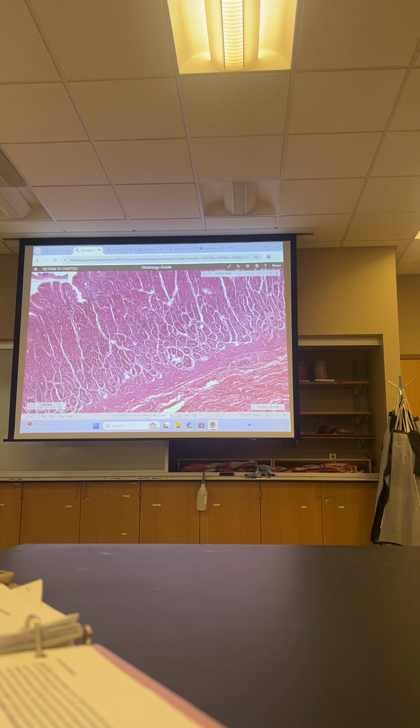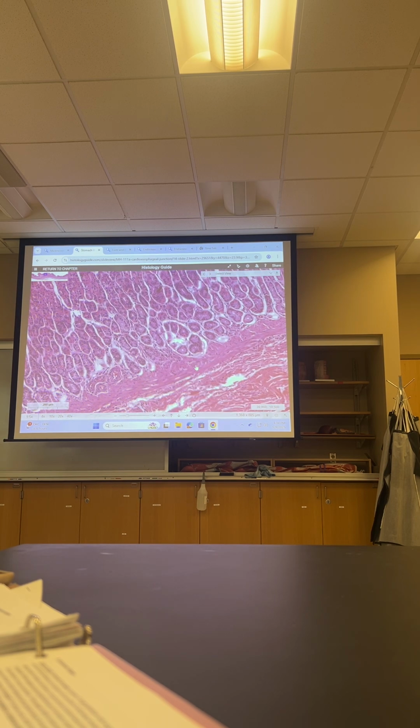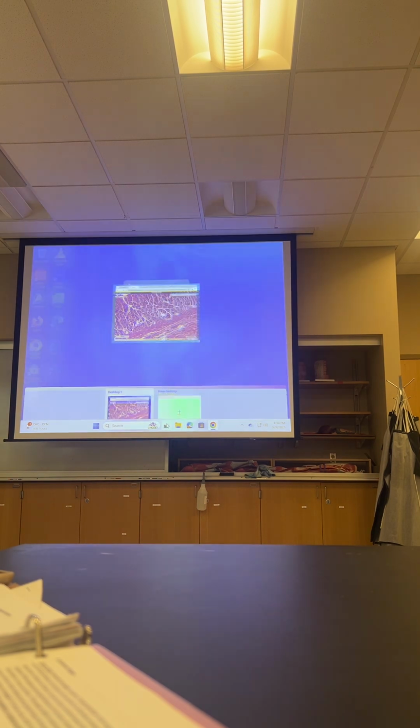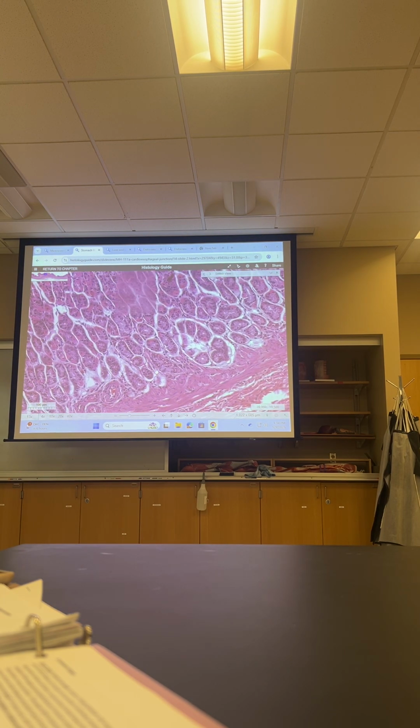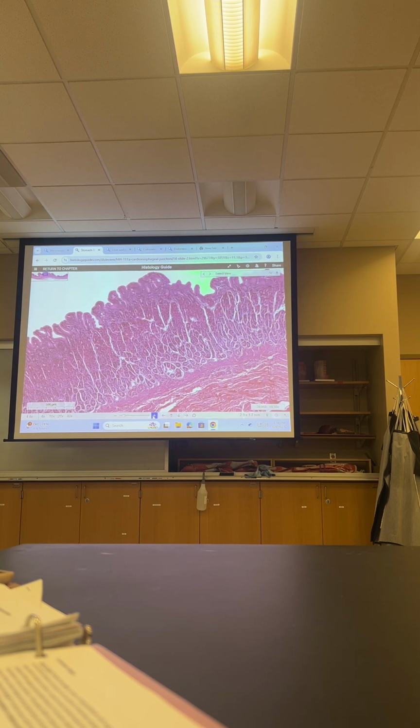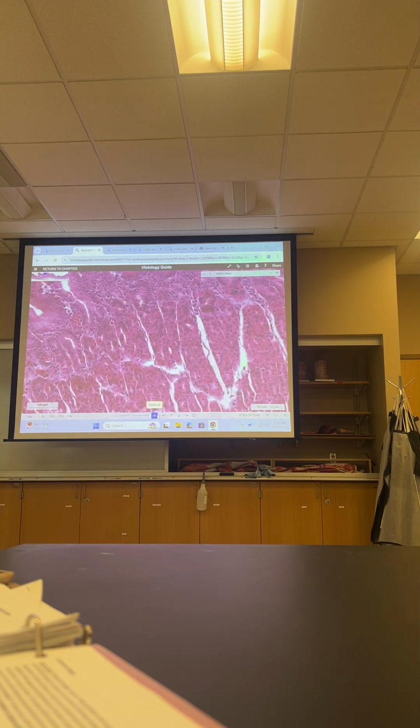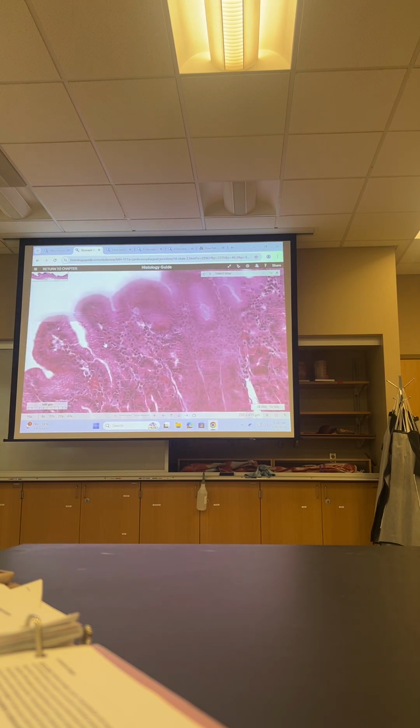And then if you kind of look into the middle of these gastric pits, there's lamina propria, so connective tissue kind of runs between the pits. And you can actually also see it if you look kind of up here a little bit closer. So in here, underneath the epithelial tissue, all this is the lamina propria.